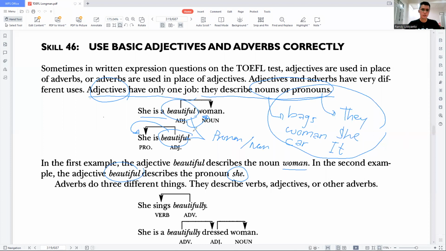Adverbs: we now know that adjectives have only one job, which is describing nouns and pronouns, while adverbs do three different things. They describe verbs, they describe adjectives, and they describe other adverbs. So, three.